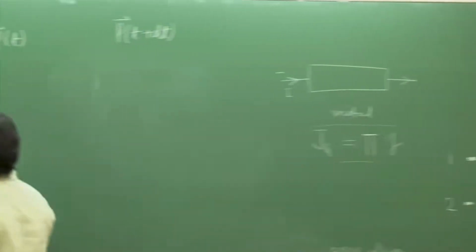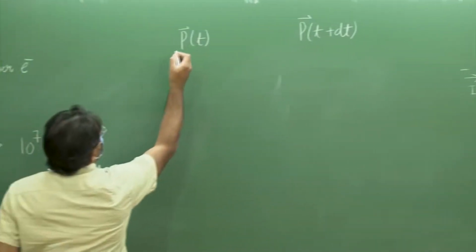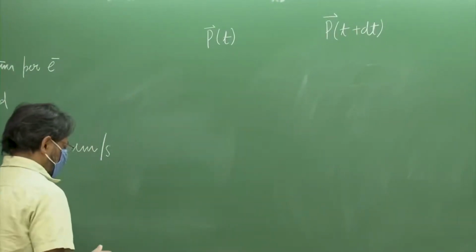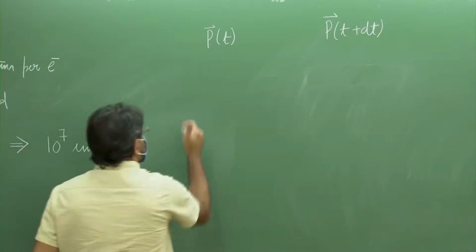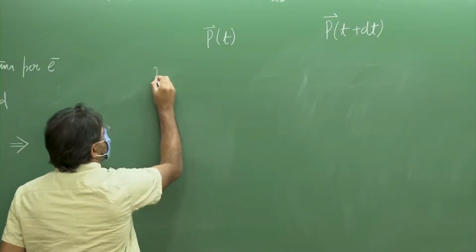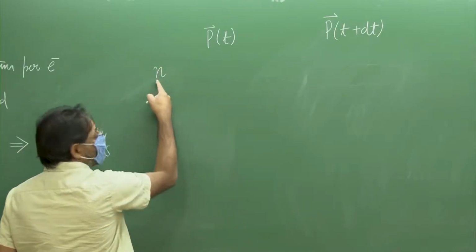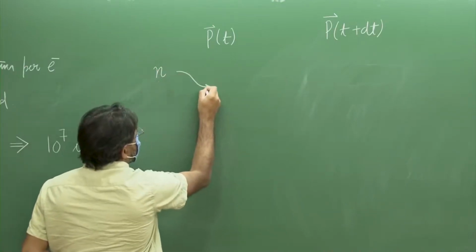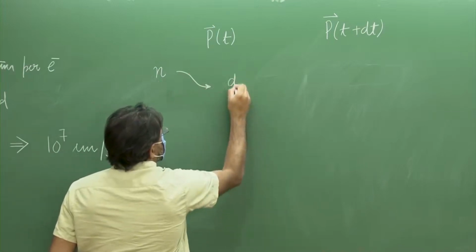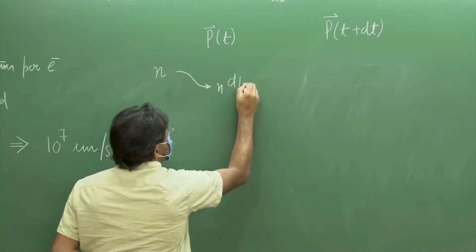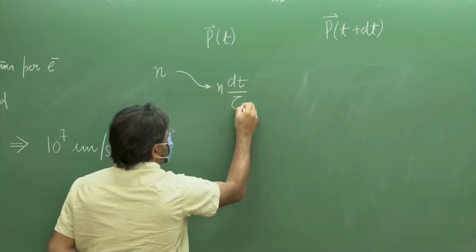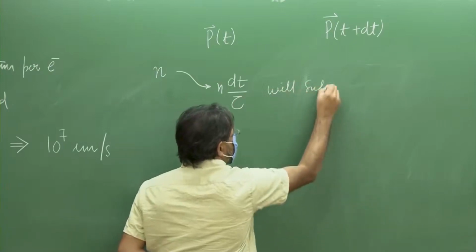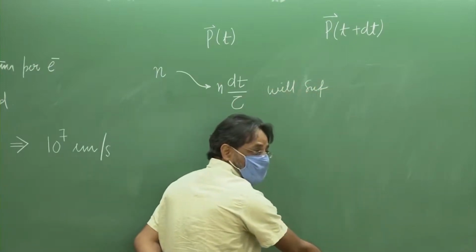So, suppose you have n electrons. Therefore, the total momentum before the collision is this much. Now, let us say that n is the number of electrons per unit volume, and out of this n, n times dt by tau will suffer a collision. You remember what I had written here? Probability.